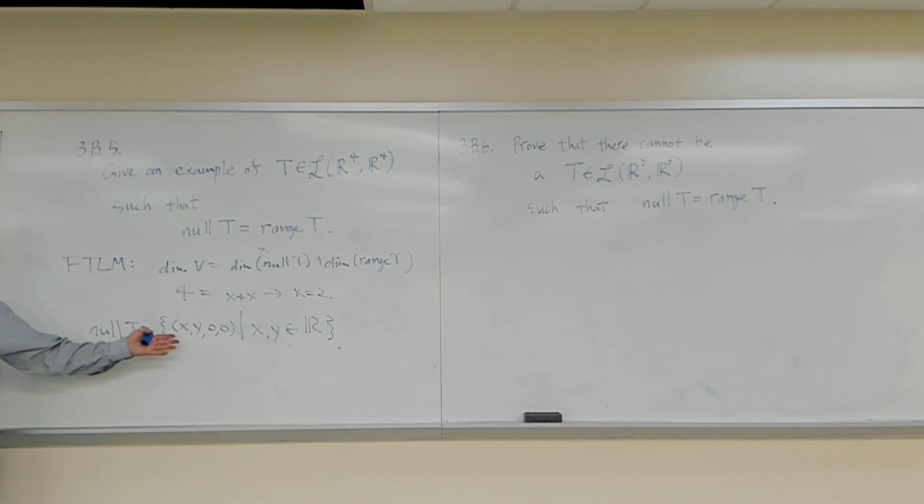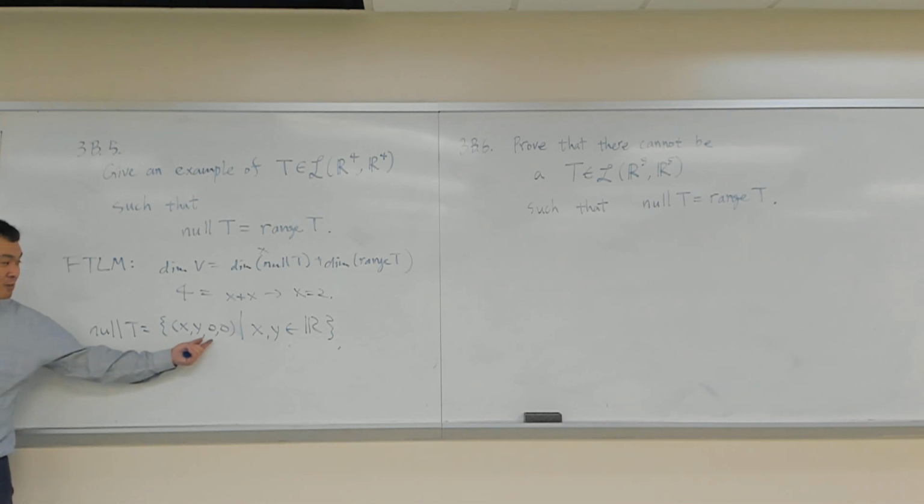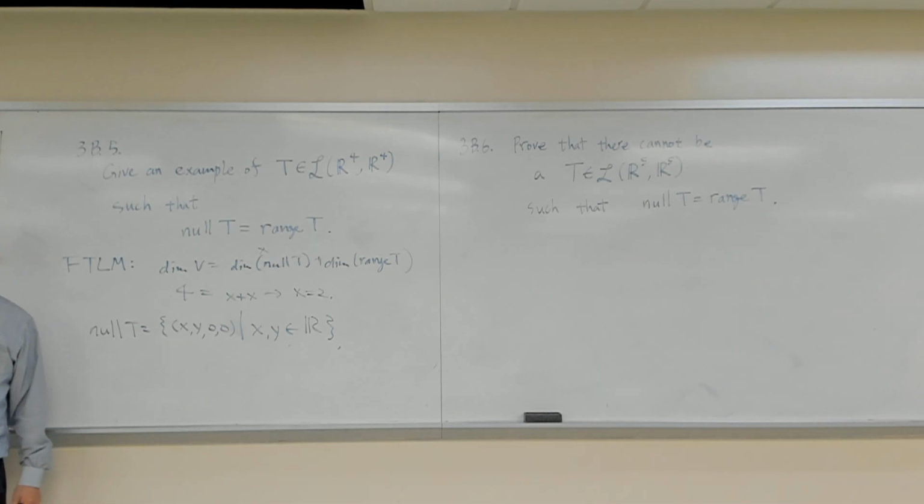That's 2-dimensional. That's the simplest 2-dimensional thing you can think of, right? So can you think of something that would kill anything that's in here to 0? But then anything that's not here, if you have something in here, it could give you something here. What kind of map would do that?